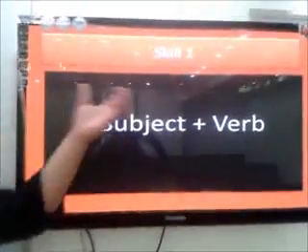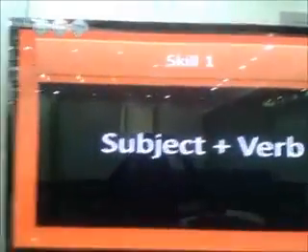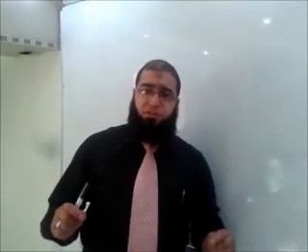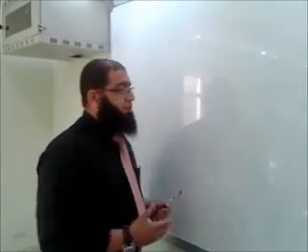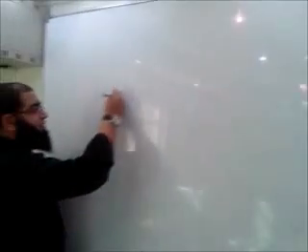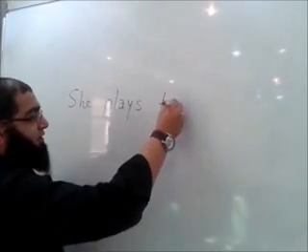We see that skill number 1 is subject plus verb. Now, what we need to say is, in the English language, every sentence needs to contain a subject and a verb. Now look at this sentence here. She plays tennis.